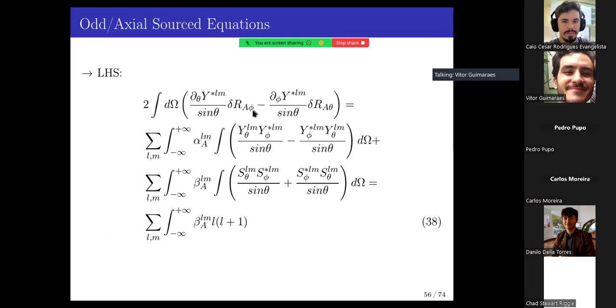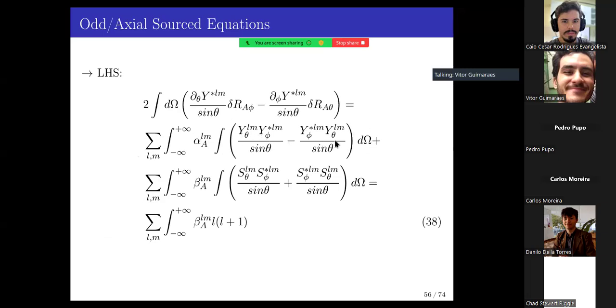And then we do the same from the other part here, which also contains alpha and beta, and we subtract one another. We're going to end up with this expression here, this sum, and we take the integral over the two-sphere.